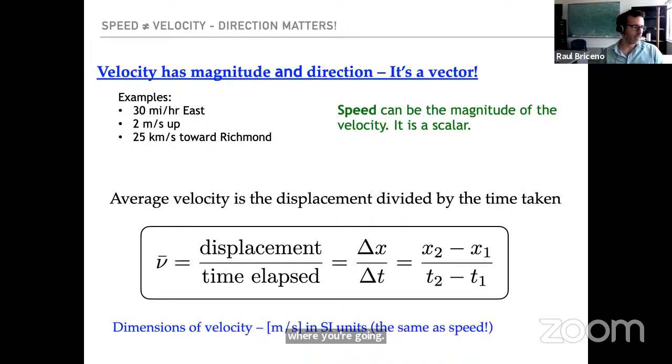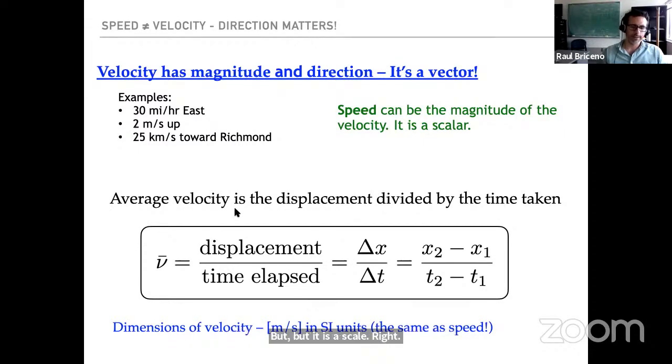By now you're somewhat familiar with vectors. It's an array in Python world. So examples of velocities could be 30 miles per hour east, 2 meters per second up, 25 kilometers per second towards Richmond. The speed can be the magnitude of the velocity, but it is a scalar.